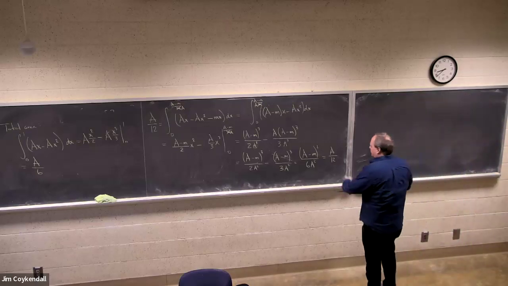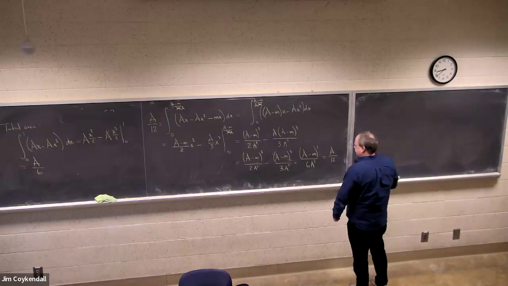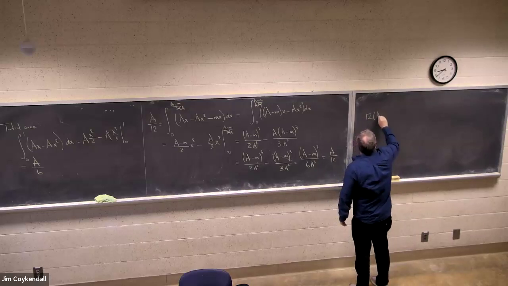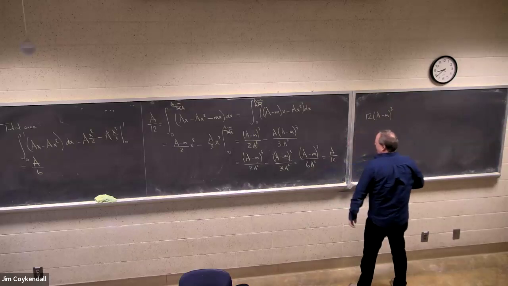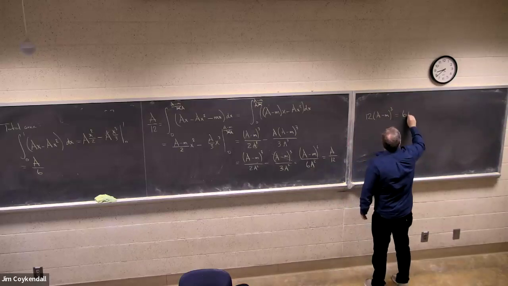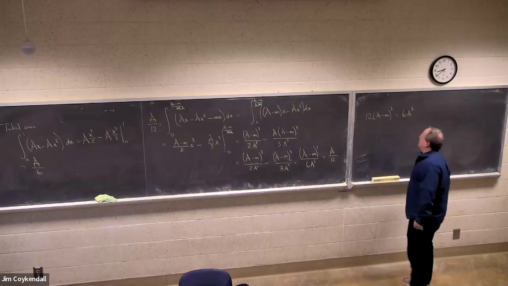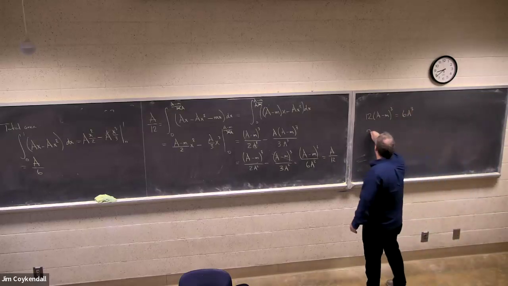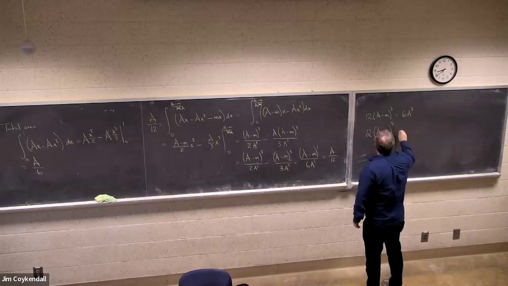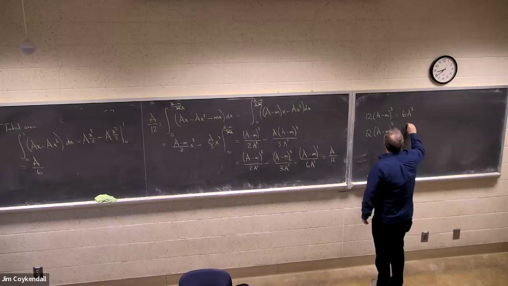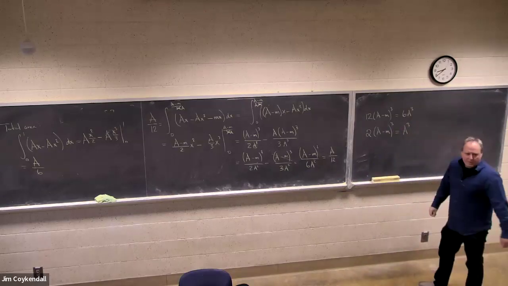So if you work this out, well, let's work it out. We get 12 times a minus m cubed, multiply this, and you get 6a cubed. And so I get 2, if you root both sides.